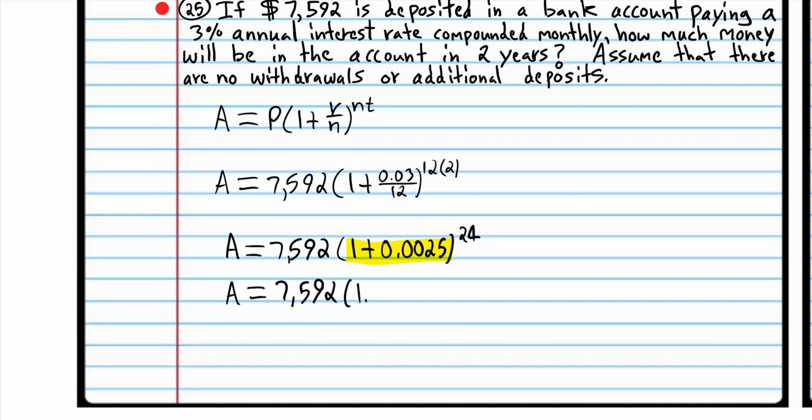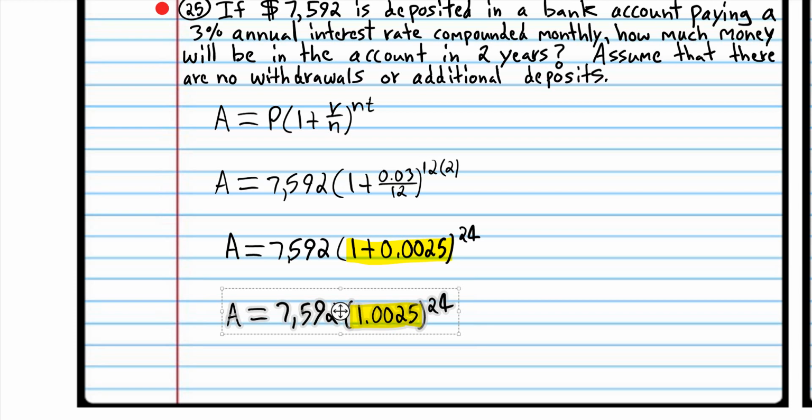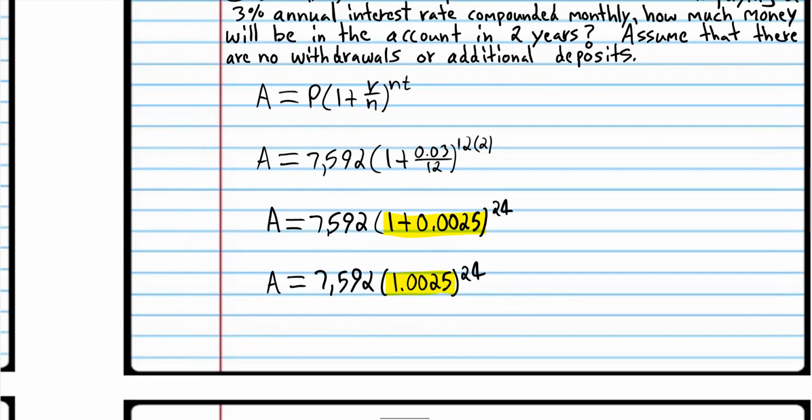So that's 1.0025 to the 24th. And let's see if I have enough room here. So then we're going to calculate this expression here. So 1.0025 to the 24th power, and then enter.